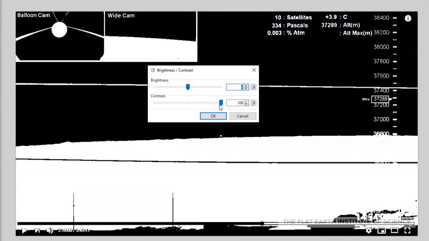Adjust brightness and contrast. Alright, now we're going to zoom in. We can see those pixels. We can see that rate of curvature over here. We can measure it out if we wanted to or needed to.